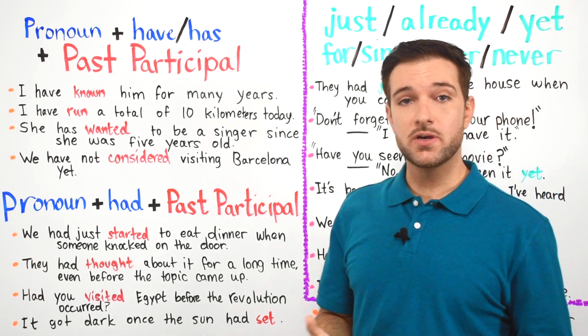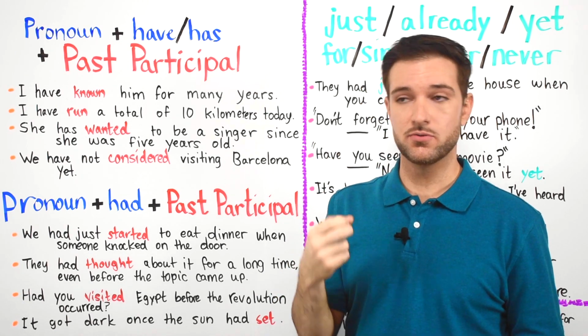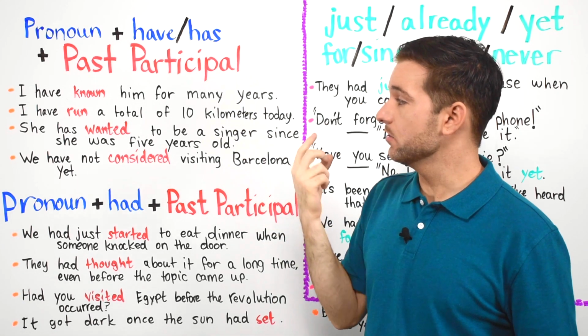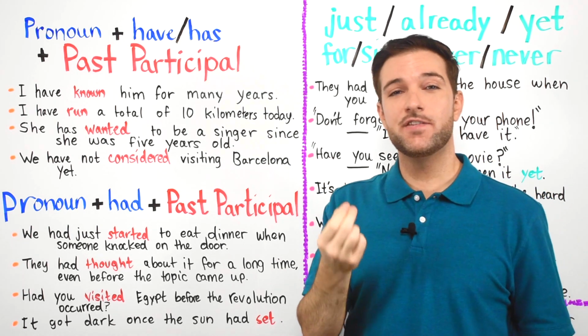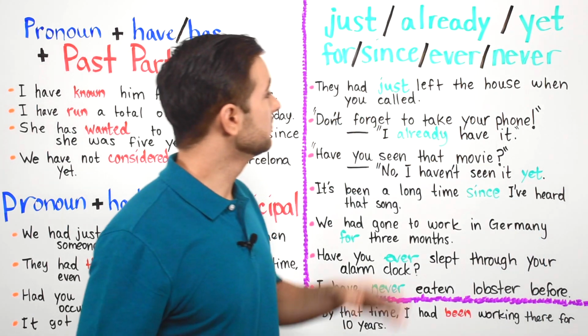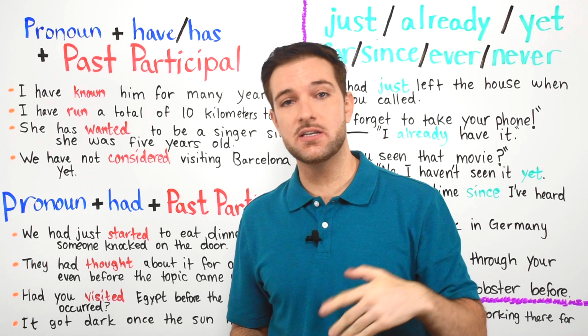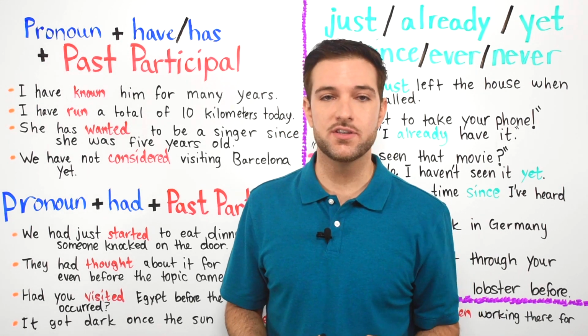We also use it with an unfinished sort of time word, which we're going to learn later today. We have time words in English, which includes words such as today, this week, this month, and this year.